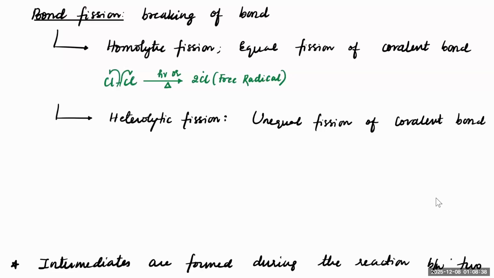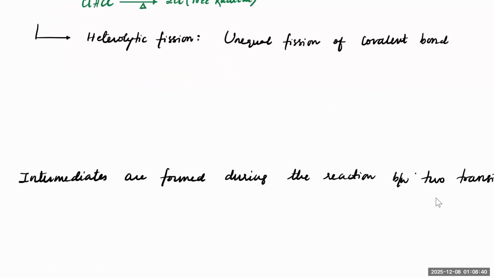On the other hand, heterolytic fission means there is an unequal fission of covalent bonds. When do we observe that? If certainly there is some electronegativity difference observed.